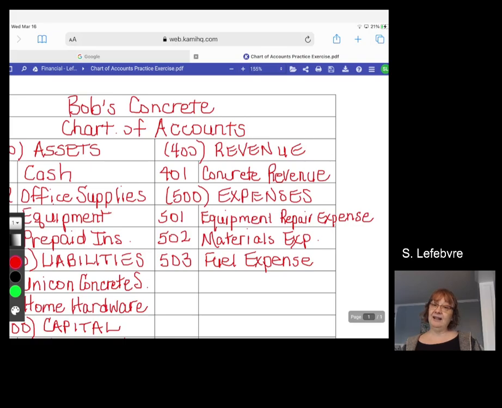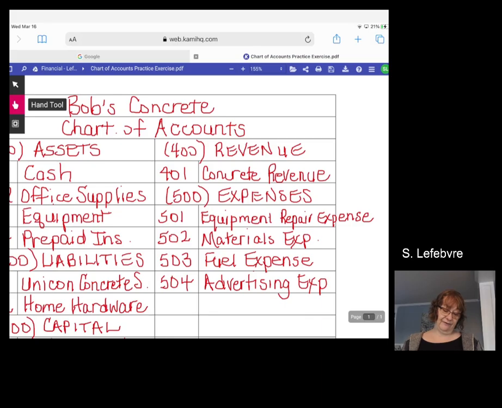But you're going to find that manual accounting is full of a lot of repetition. Okay, and 504 will be our advertising expense. All right, and there you go, folks.